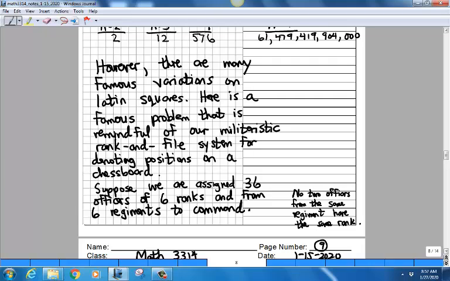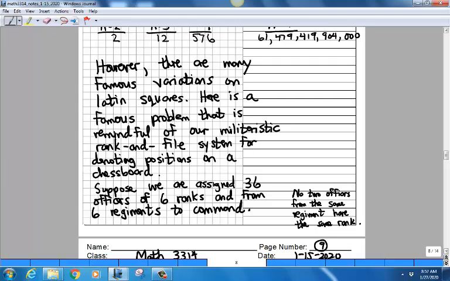So in every row of the formation, all the ranks are represented, but also all the regiments are represented in every row. But to make it more difficult, we also want the same for every column. So we want every rank and every regiment represented in each column.